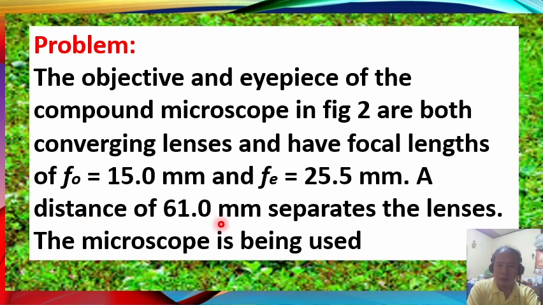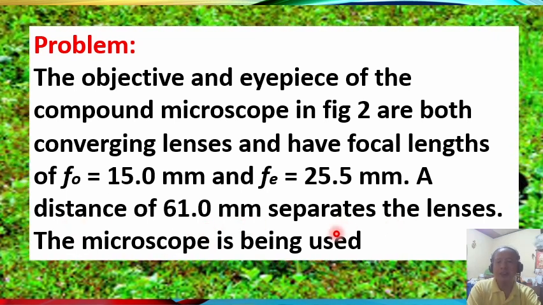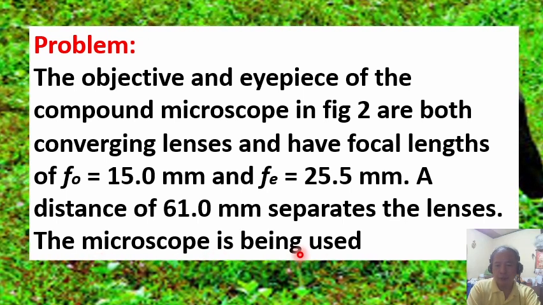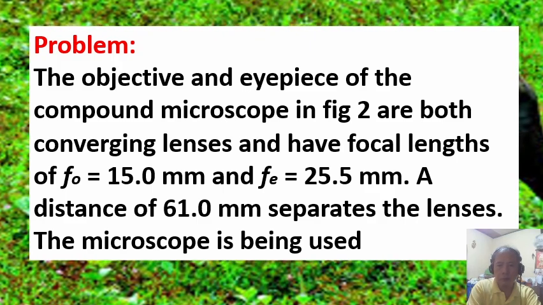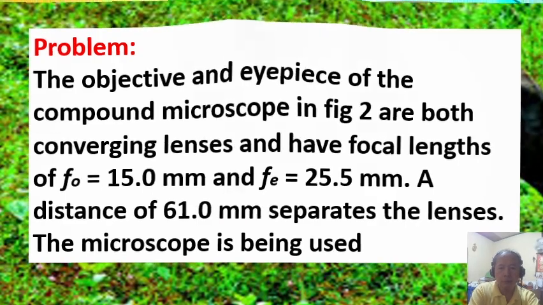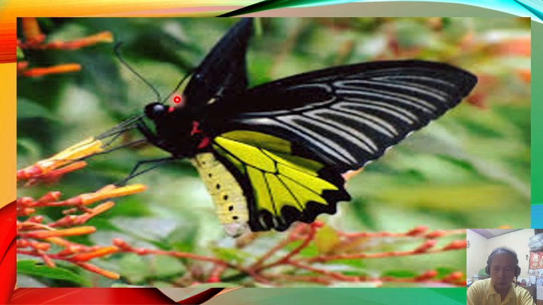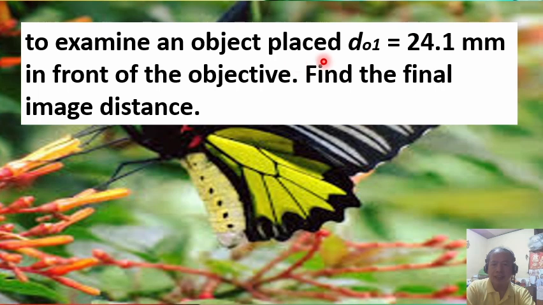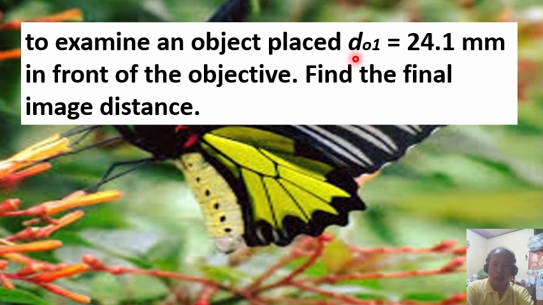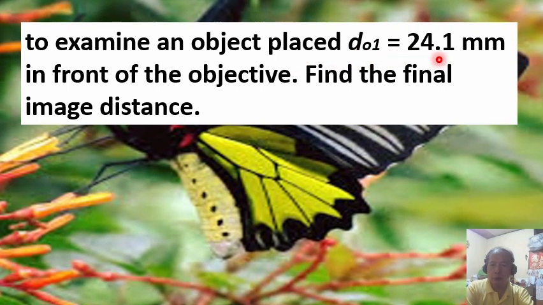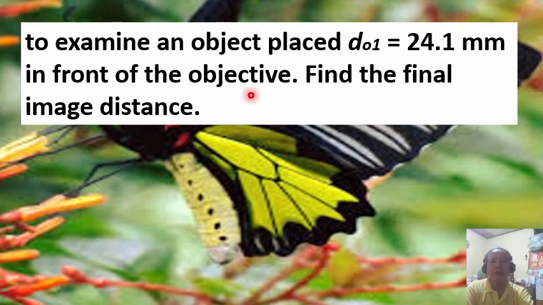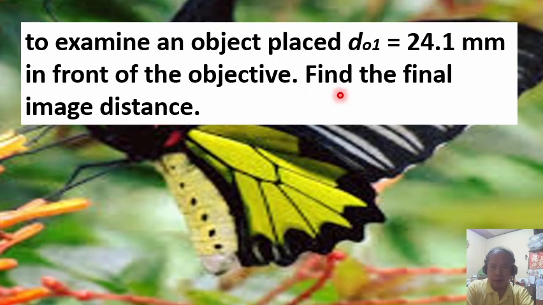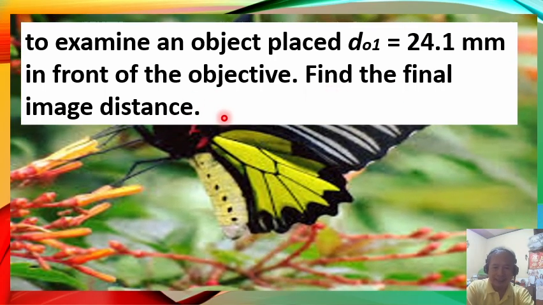A distance of 61.0 millimeters separates the two lenses. The microscope is being used to examine an object placed a distance d sub O1 equal to 24.1 millimeters in front of the objective. And the question is, find the final image distance.